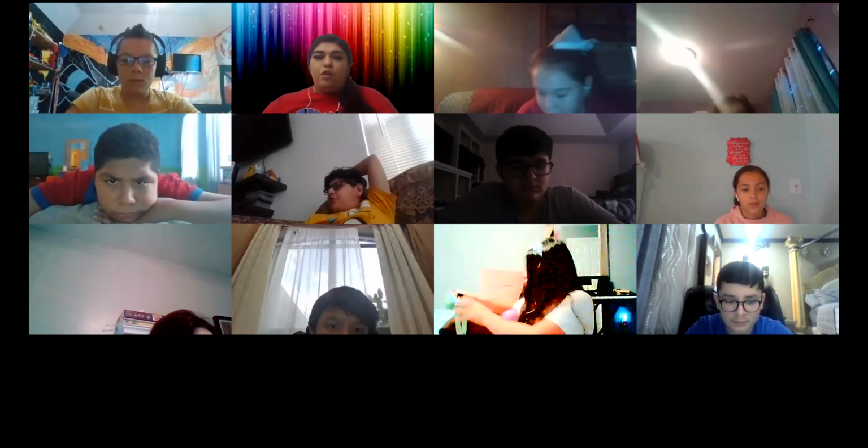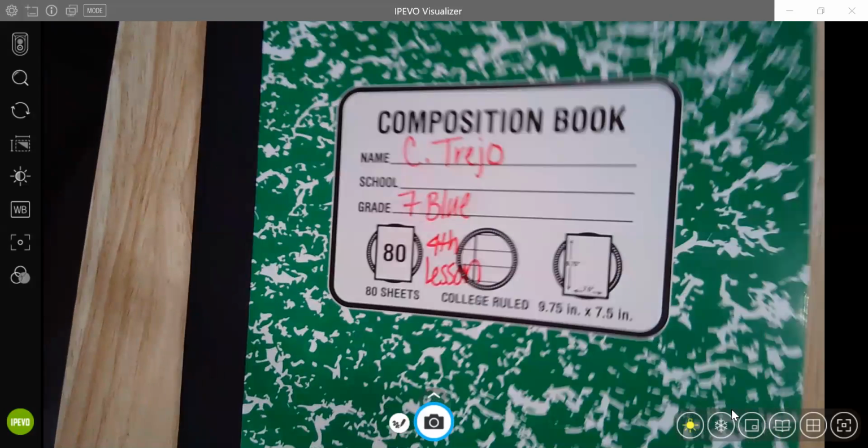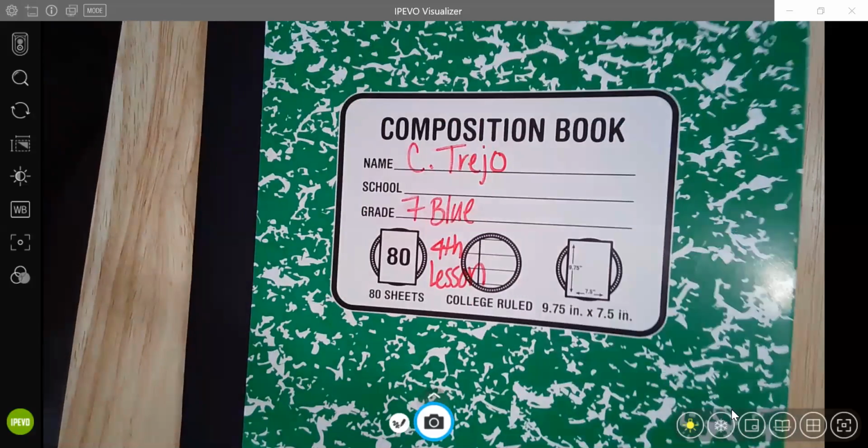And the camera, hopefully we all can see in a little bit. There it is. My math journal that I keep for your class.